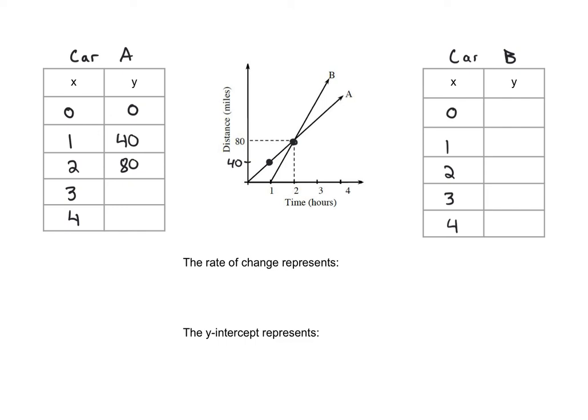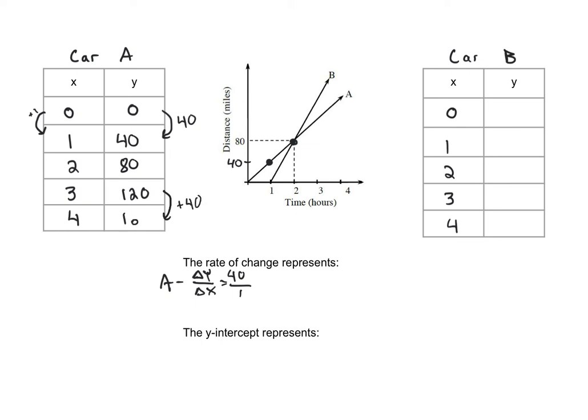Then using our reasoning from the last class, if x increases by 1 and y increases by 40, that means our rate of change, a change in y over change in x, is a change of 40 over 1. So we can fill in the rest of this. We've got 120, and then throw 40 more on there, and we're at 160.